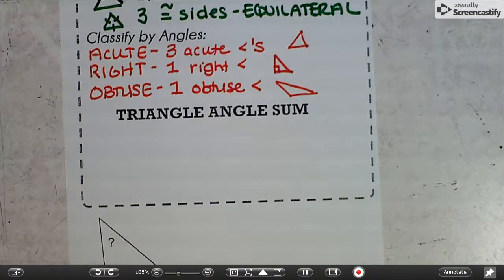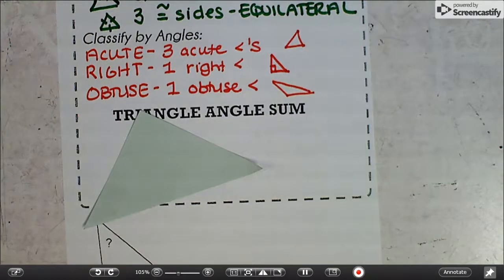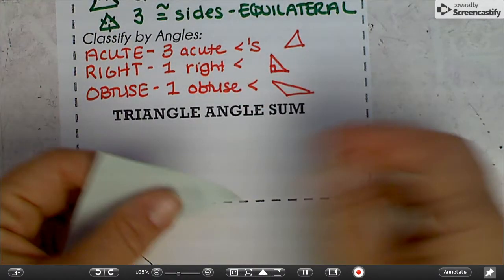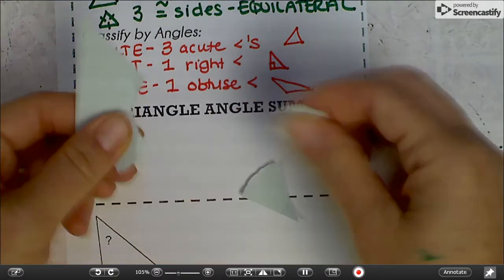In class, we did a little experiment, which I can show you now, where we had everybody cut out a triangle. So here's my triangle. We told them to rip off the corners, or the angles. So I'm going to rip off my three angles.